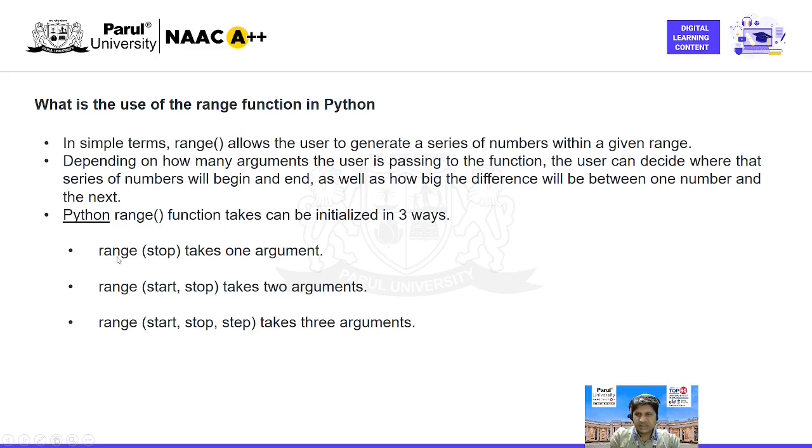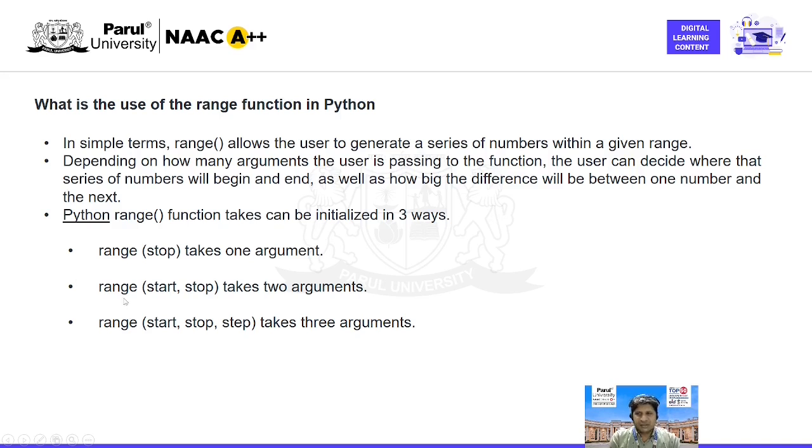It means in this type of function calling, the value of start and the value of step are treated as default. What will be the default value for start? That is 0. And what will be the default value for step? That is 1. So it prints the sequence from 0 to whatever stop value is provided, and the difference between first and second value is 1.